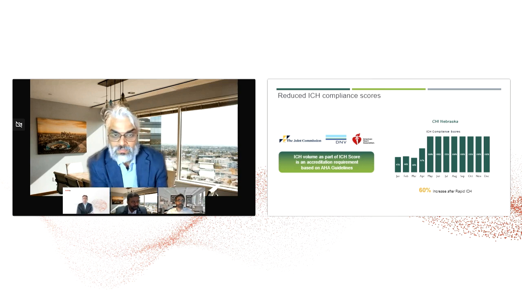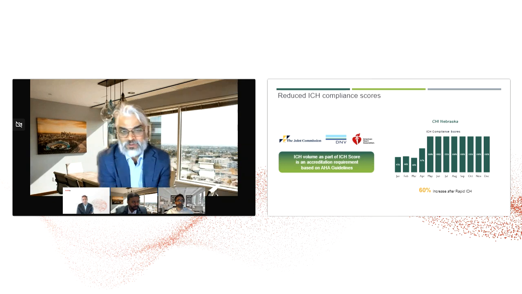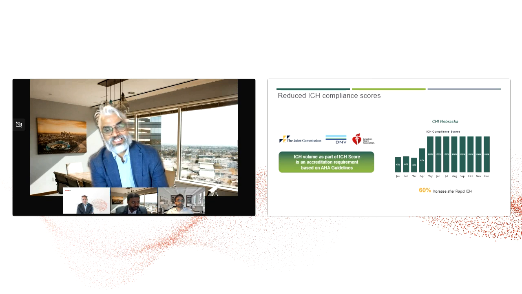There was no ICH volume. So we found out there is no ICH volume for these CT scans. And Rapid came at the right time, around the same time in January, February, March, and April. This was before our stroke certification. In May, we got certified.